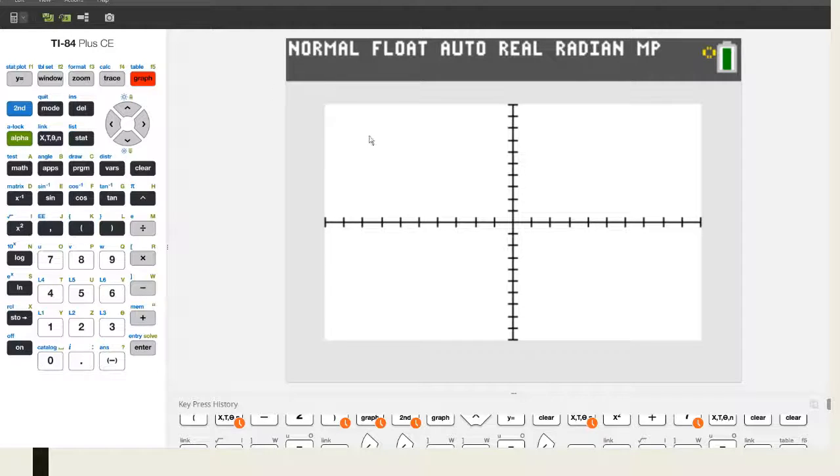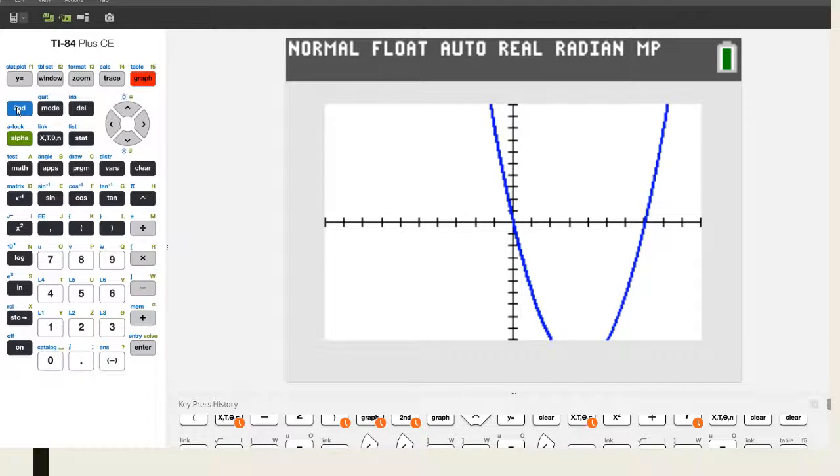So let's take a look at the graph. We have x equals 0, that's the first intercept or the solution, and the second one is x equals 1, 2, 3, 4, 5, 6, 7.